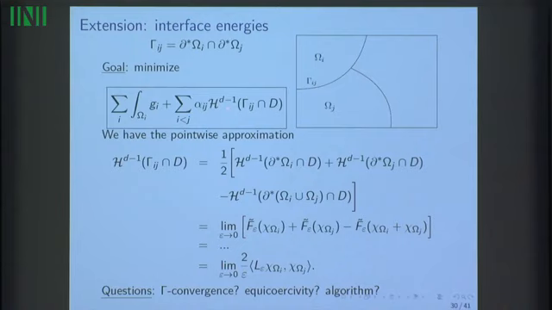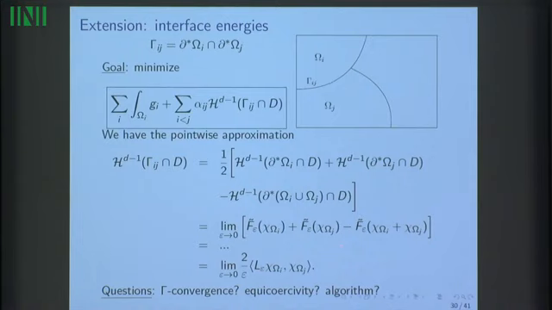What is easy to see, and it's known, is that in 2D the length of this interface is equal to the perimeter of this plus the perimeter of this minus the perimeter of the union of the two, all divided by 2. This is true, and if you replace this by the approximate perimeter, in the end you get this, and you have a pointwise approximation.